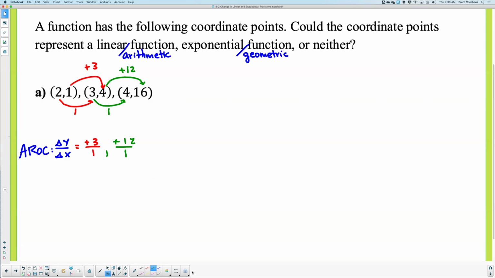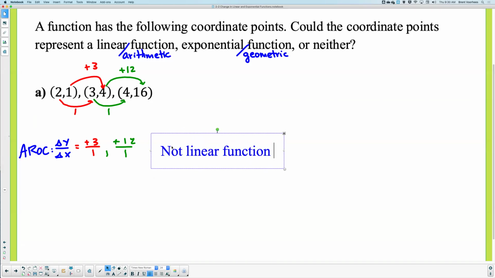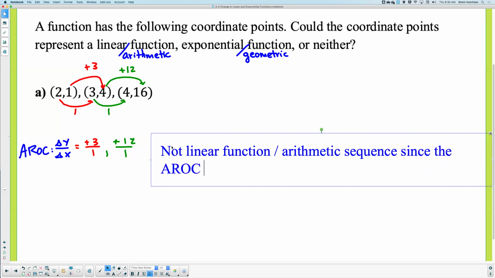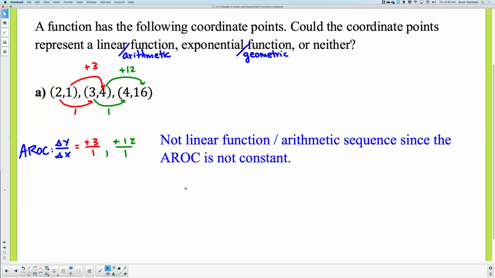If these are constant, it's linear / arithmetic. If they're not constant, it's not linear or arithmetic. What can we state about our AROCs here? This is not a linear function / arithmetic sequence. Because why? The AROC is not constant. Make sense?